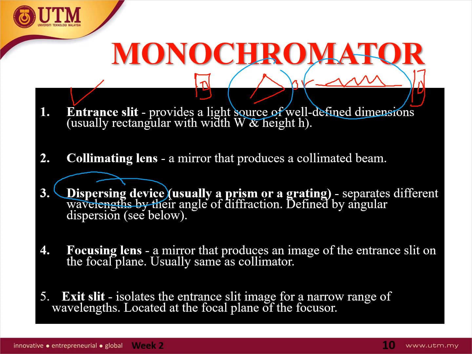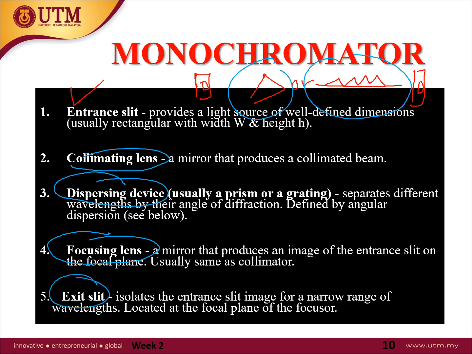So after you separate the wavelengths from the radiation source, you want the exact 300 nanometer that you choose. So we have to have a focusing lens. The focusing lens gives you the same function as a collimating lens, whereby it selects the specific one.